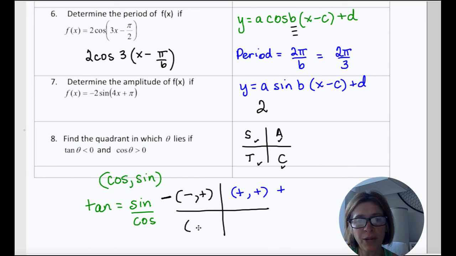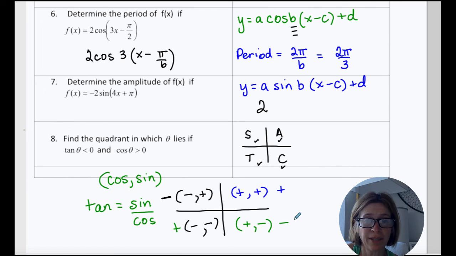Okay, in quadrant 3, x is negative and y is negative. So sine and cosine are negative, which would give me a tangent that's positive. And then my last quadrant, my x's would be positive, my y's would be negative, and again, that would make tangent negative.